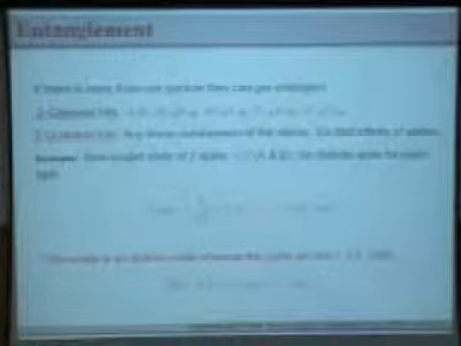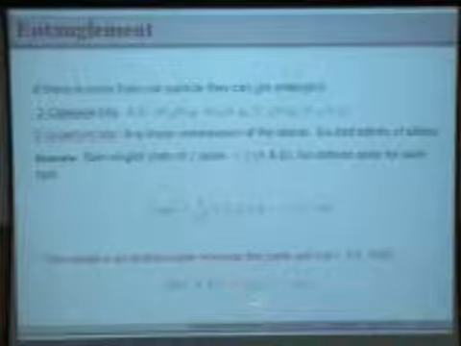So to generalize, if you have n particles, a pure state is entangled if it cannot be written as an outer product of these things. That is, you cannot associate a definite state to these n particles. Again, some of these notions have already been introduced in the previous talk.